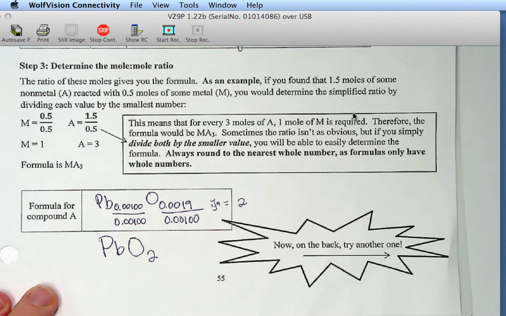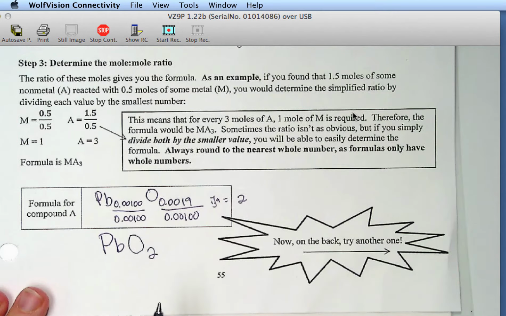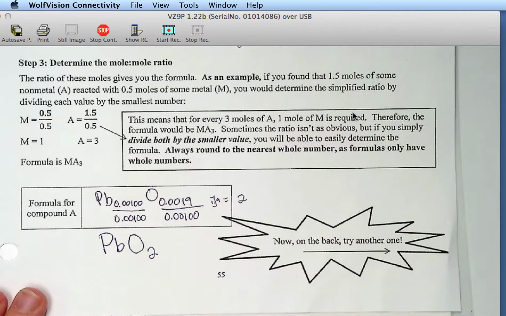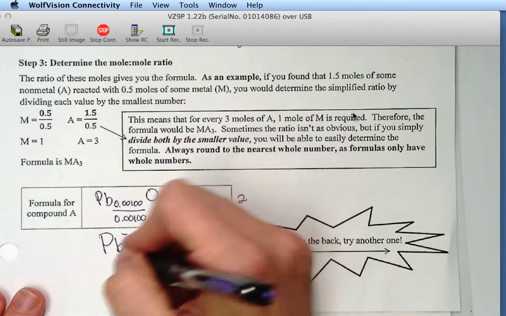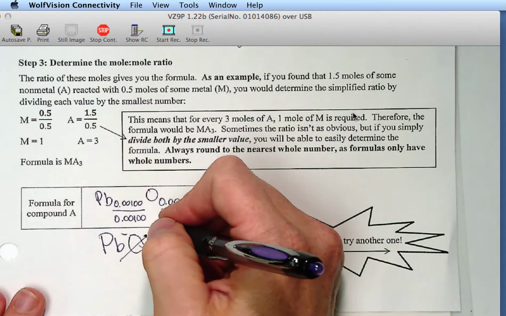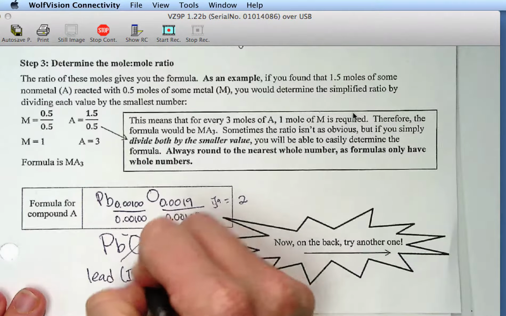Okay? I'm going to ask you something and make you use your brains. What's the name of this compound? Lead 4 oxide. You do the criss-cross and you'll find, well, oxygen's not -1. It's been simplified. So it's lead 4 oxide.